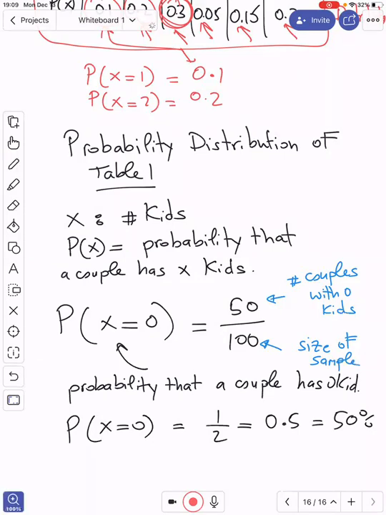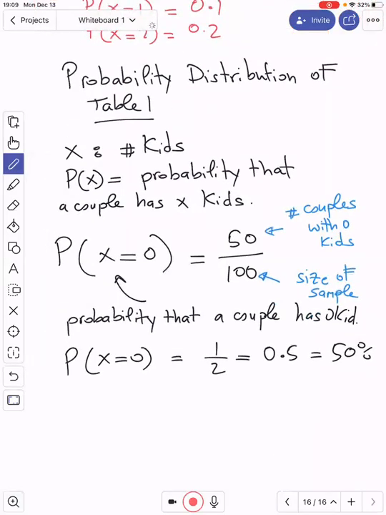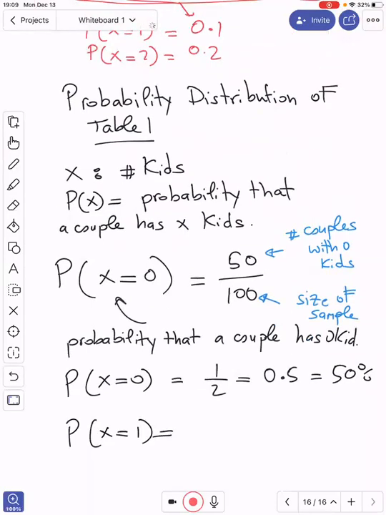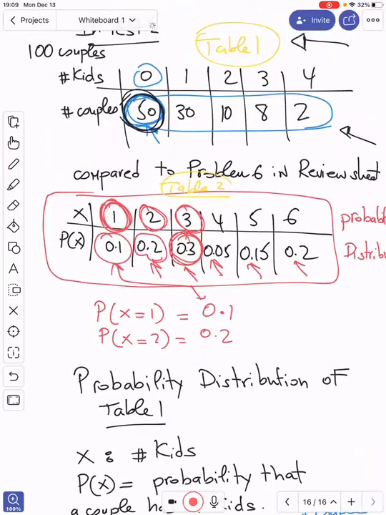Now, what about the probability that X is 1? What's the probability that a couple selected at random has 1 kid? Well, you count how many couples have 1 kid. As you can see, we have 30. So the probability that the couple has 1 kid is 30 over the size of the sample, which is 100.